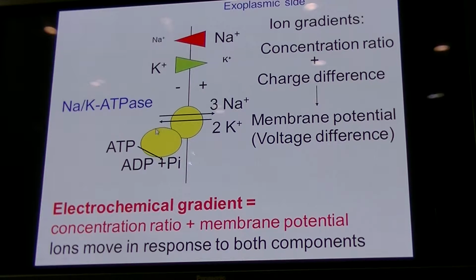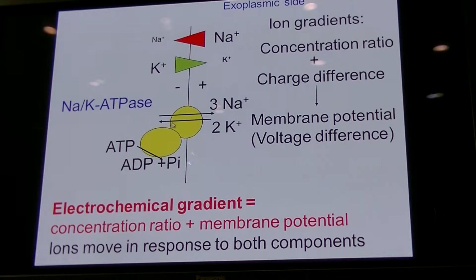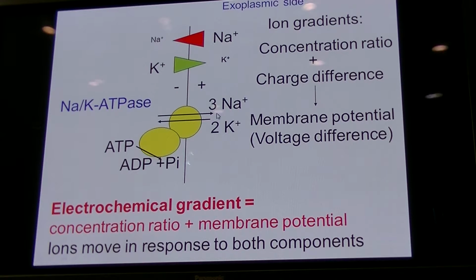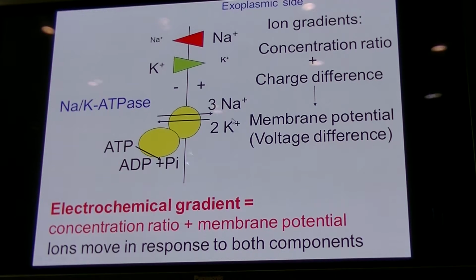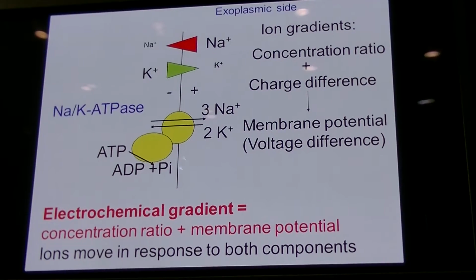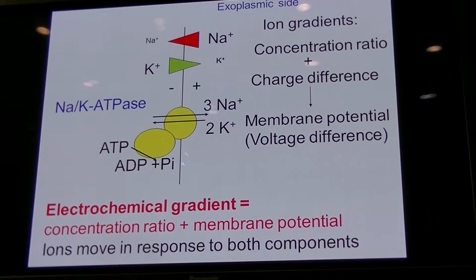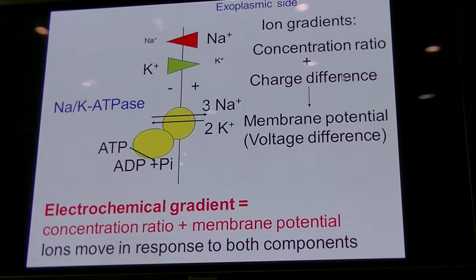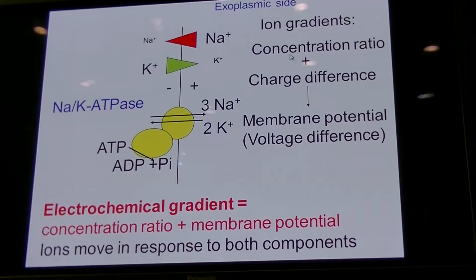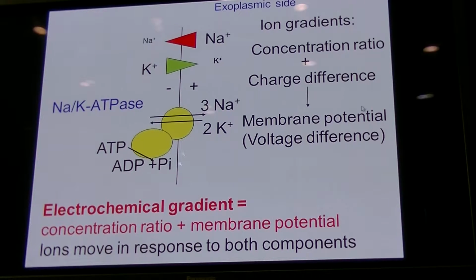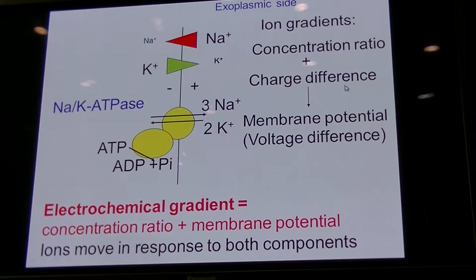If this would be a proton pumping system, then we would be moving protons across the membrane. That's also a positive charge. So if we are having a gradient of ions, which is maintained by a pump, the pump is not only moving the ion, just that particle, there's also its charge. So we get concentration differences and we get charge differences. And together, that is called an electrochemical gradient.